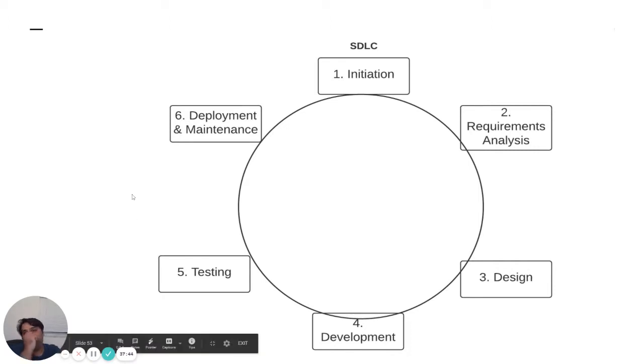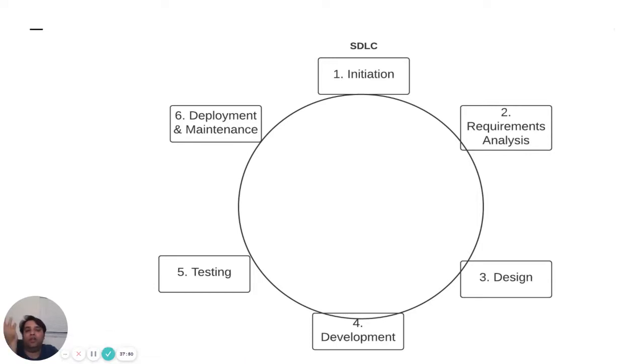The sixth stage of SDLC is deployment and maintenance. Deployment starts after the code is tested and approved for release. Right now, most of the time there is a CI/CD pipeline, continuous integration and continuous deployment, created by the DevOps team. Whenever the code is approved, it is automatically picked from your repositories, your version control, and deployed as a new version into production or sandbox, wherever the CI/CD pipeline is created.